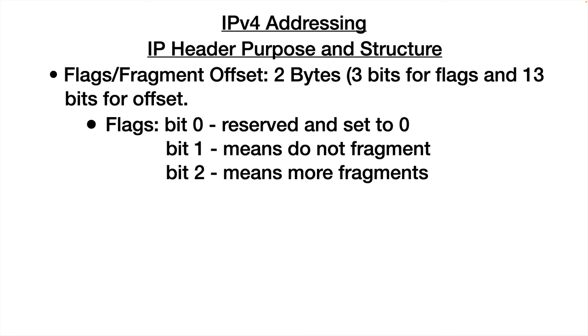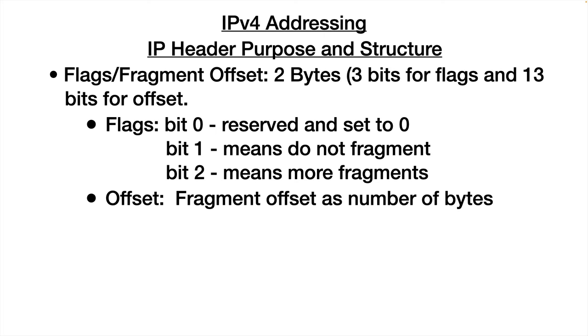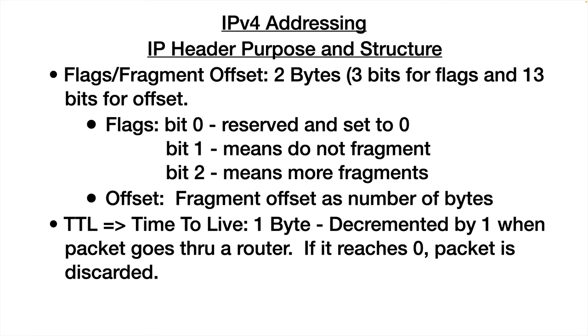The first flag is always 0, it's reserved. If bit 1 is set, it means do not fragment. And bit 2 relates to whether or not there are more fragments to come, as we saw in a previous example. The offset is the fragment offset as a number of bytes.